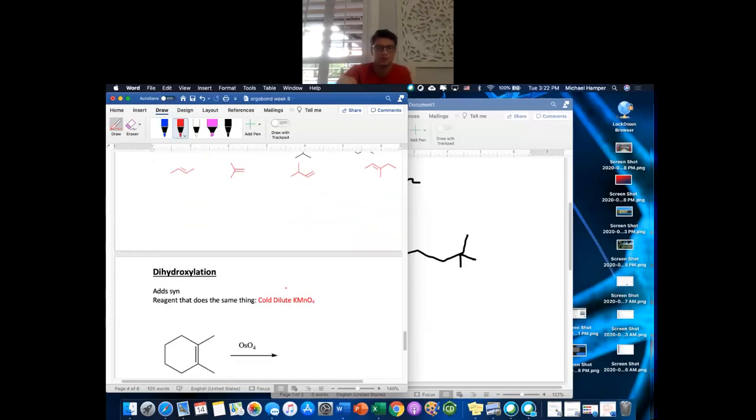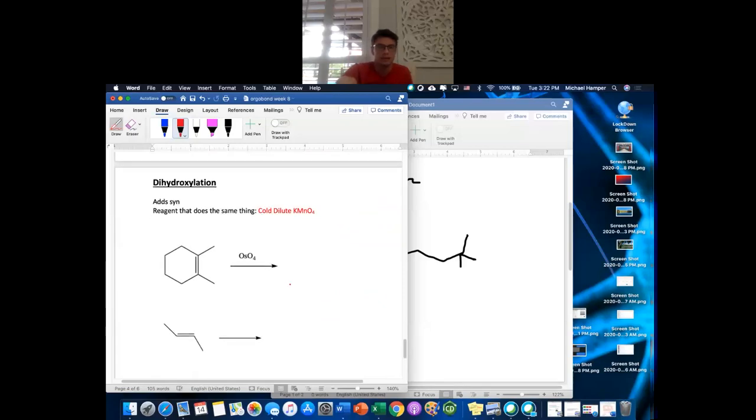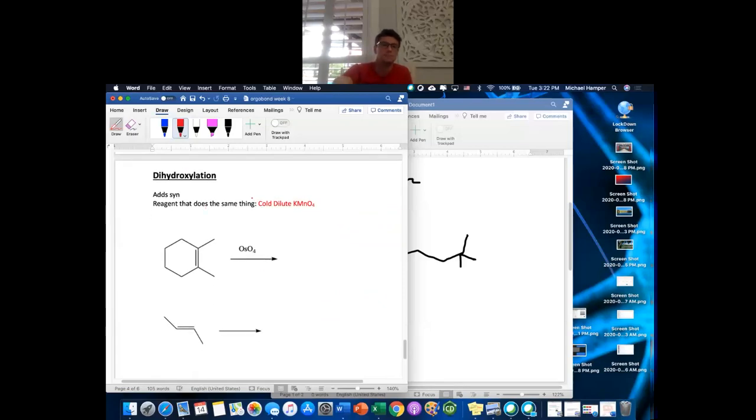Moving along with our other outliers. With these, you're not really going to have to worry about Markovnikov or anti-Markovnikov. It's just really going to be syn or anti. And so if you're given OsO4, you know that it's going to be dihydroxylation.